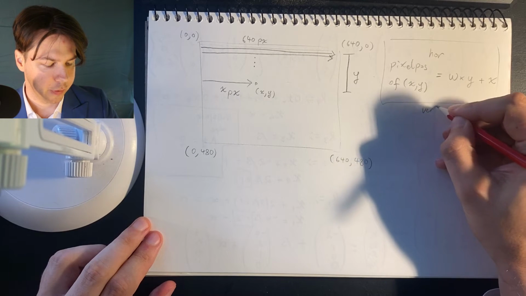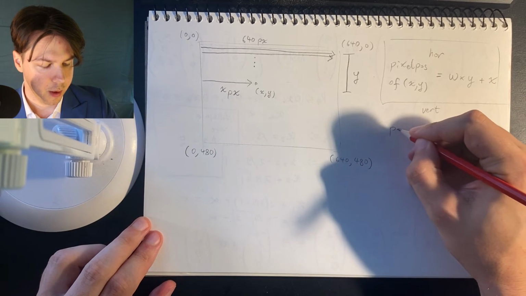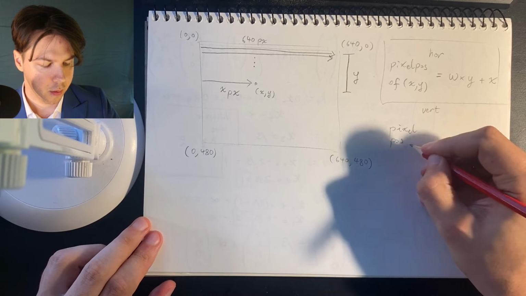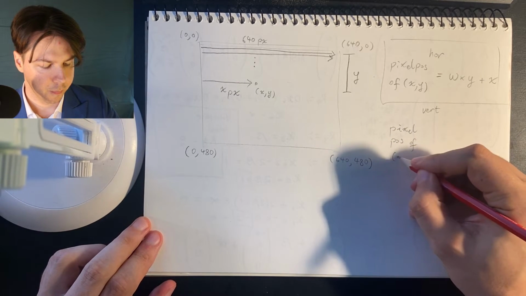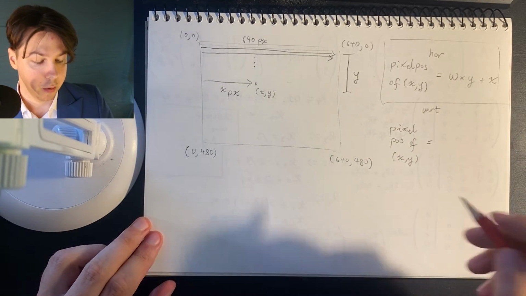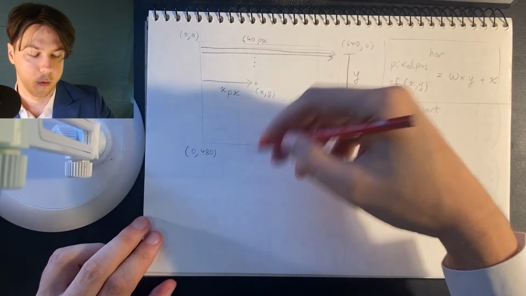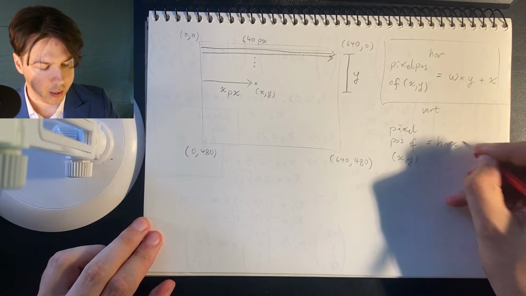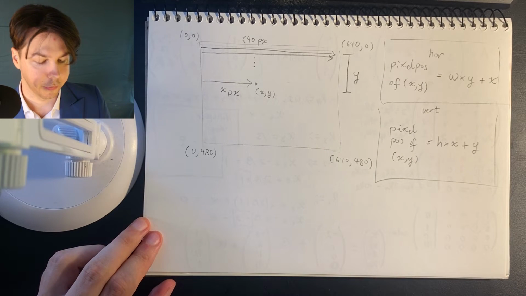So to have a vertical system, then we'll have the pixel position of x, y. This would be, okay, the skips are happening vertically. So we take the height times the x plus the y coordinate.